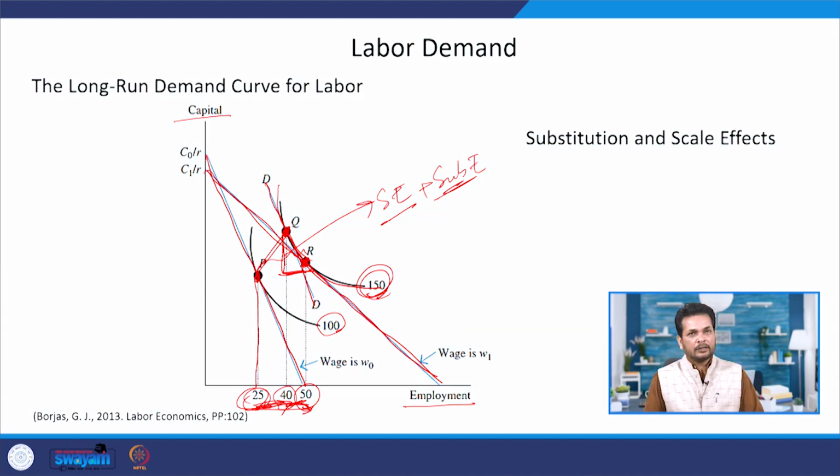So, the scale effect indicates what happens to the demand for the farm's input as the farm expands production. As long as capital and labor are normal inputs, the scale effect increases both the farm's employment and the capital stock.